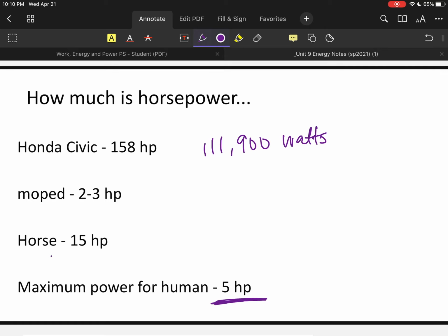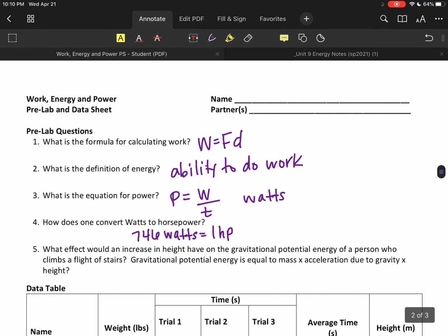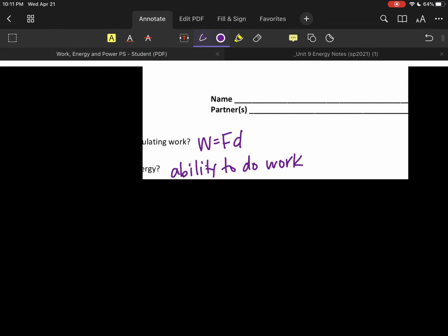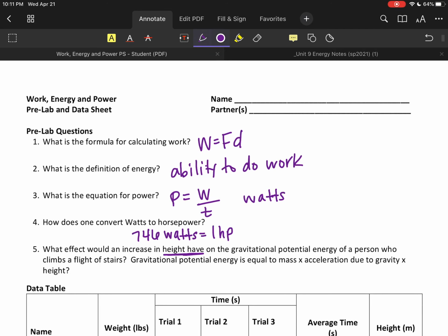So if you look at our activity here, we're actually going to end up converting the amount of work that we calculate in watts into horsepower, so we can see how much we've actually done. All right, the last question is asking how an increase in height would affect our potential energy. What we know is that the greater the height, the greater our potential energy.